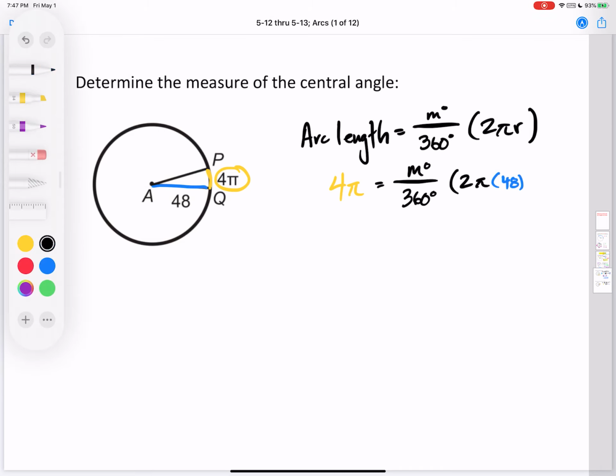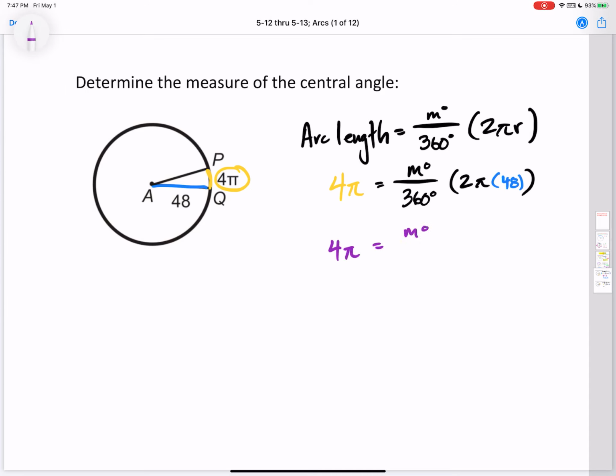I'll close up the parentheses here. Now we just have to do the math and simplify this a bit. So we now have 4 pi is equal to the measure of our angle over 360, and 2 times pi times 48 is going to give me 96 pi.